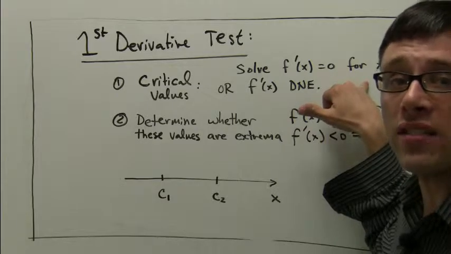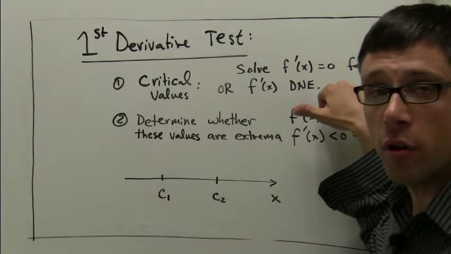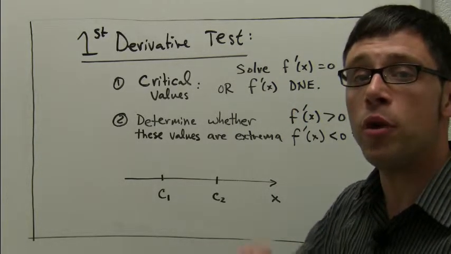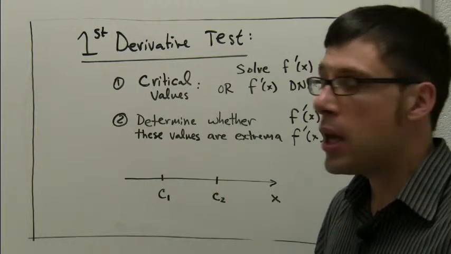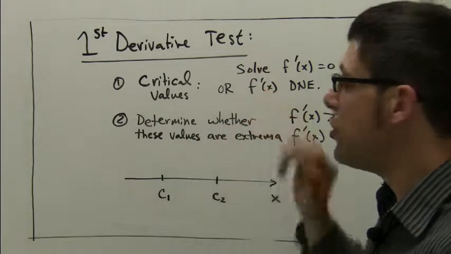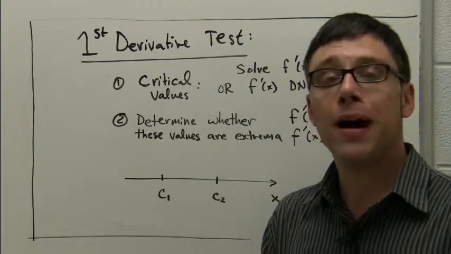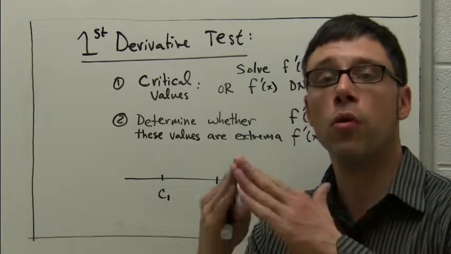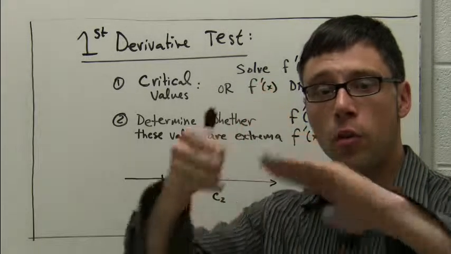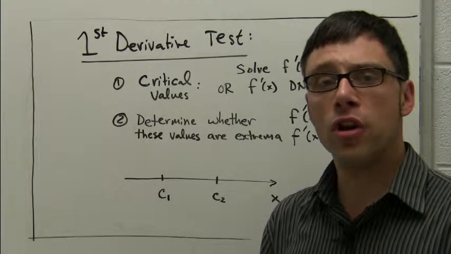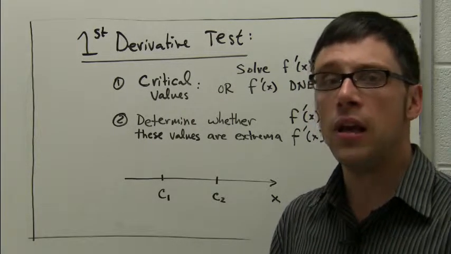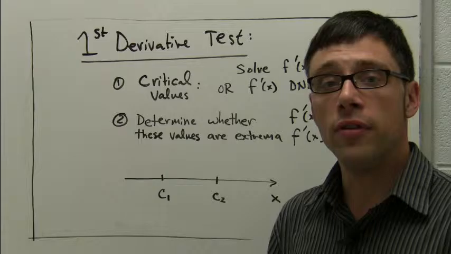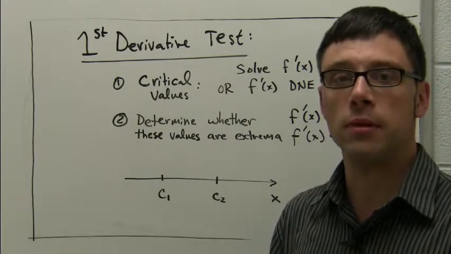That'll give me all the x values for which the derivative is 0, or where the function is transitioning from going up to going down. Or they're places where the derivative does not exist. Remember, it's possible that we have some kind of sharp corner, either sharp corner up or sharp corner down, where the derivative does not exist, and that could be the location of a local minimum or a local maximum.